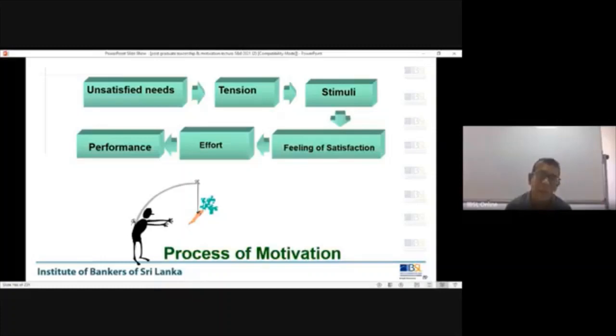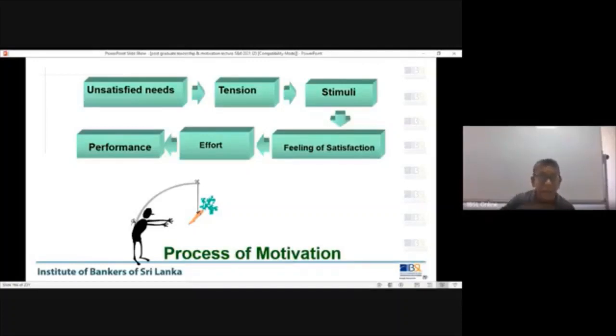Now, what we try to do is combine the rewards with performance. What is performance? What is reward? What are you expecting? So we try to combine these two.